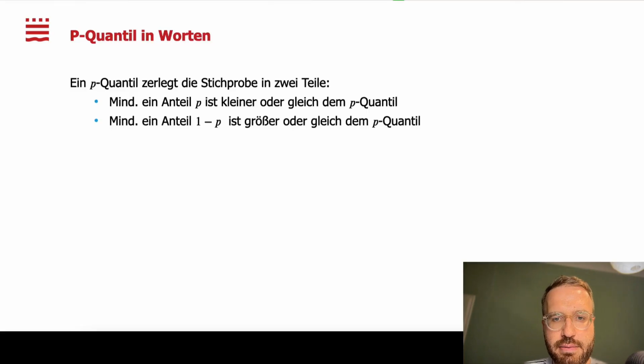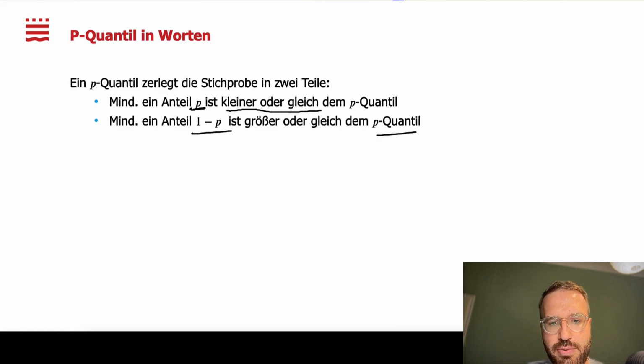A p-quantile is essentially the following idea. We are looking for a value such that a proportion of p is less than or equal to this value, and a proportion of 1 minus p, that is, the remainder, should be greater than or equal to this p-quantile.